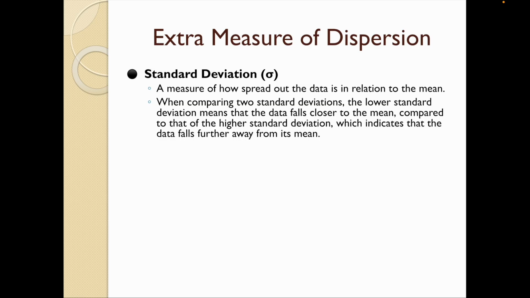In this case, the mom or dad would be the mean, right? So all the data would be like all the kids just close to their mom or dad because the standard deviation is low relative to the next one. If you have a higher standard deviation, that means they're further away from the mean. It's like they're not so shy, so they're kind of away from the parents compared to the others.